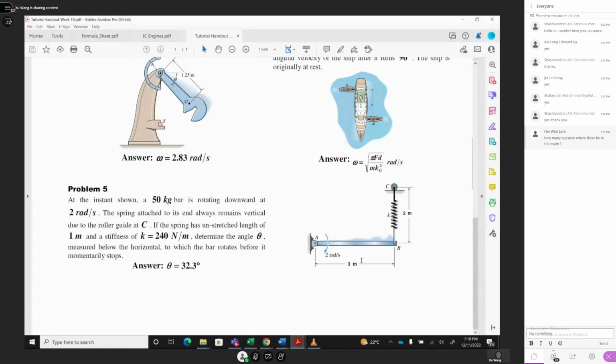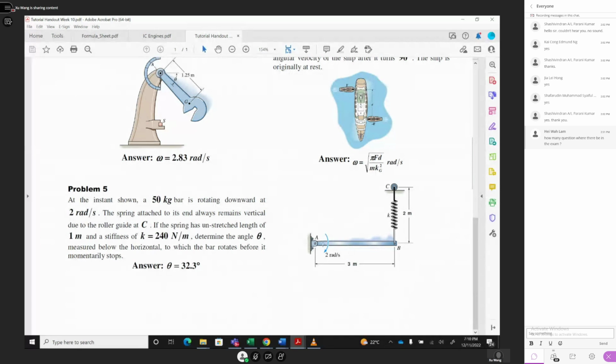Okay. Then determine the angle theta measured below the horizontal, the angle theta below which the bar rotates before it fully stops. So what's the maximum angle you can go to? Because at the maximum angle when you stop, it means this one you already extended 1 meter, and another extra one extends potential energy.